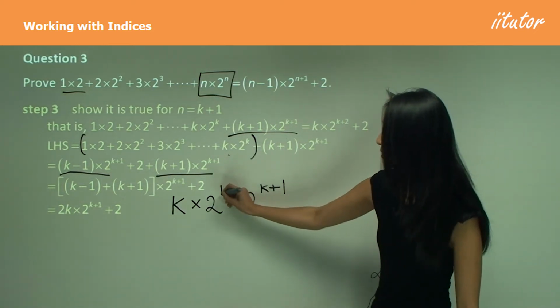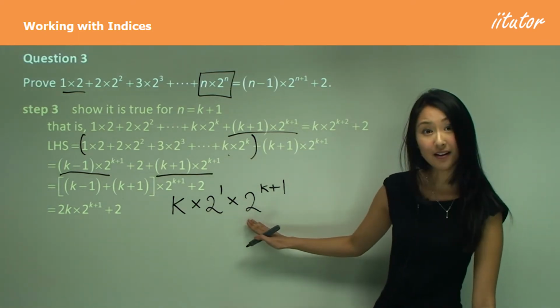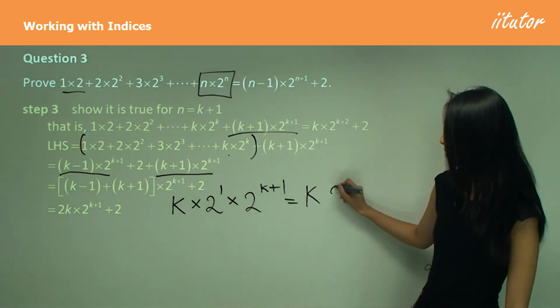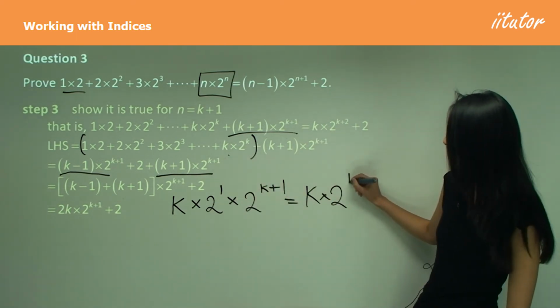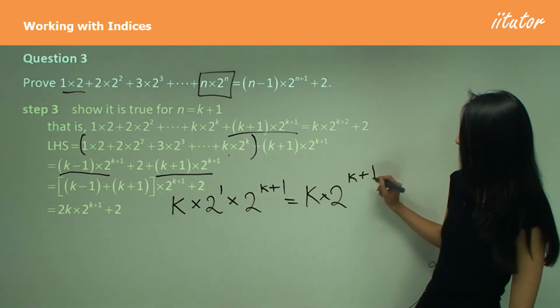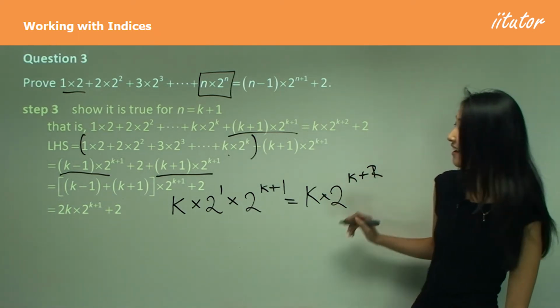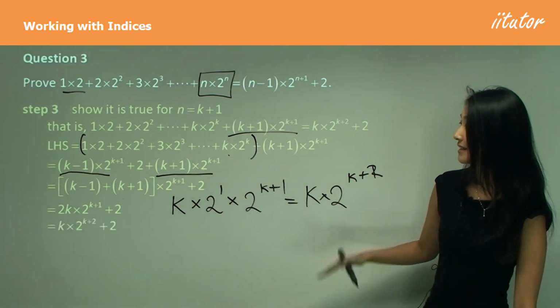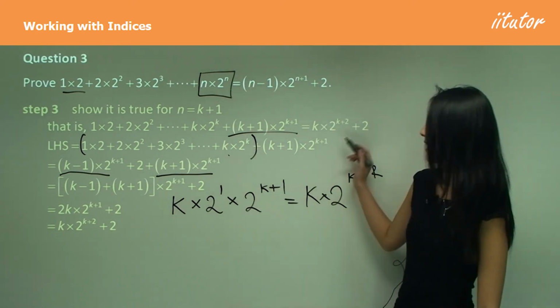So this is 2 to the power of 1. So if I put this together, this is going to give me k times 2 to the power of k plus 1 plus 1. And that's how I get 2 to the power of k plus 2. Okay, can you see that? How I'm using this 2 and adding the indices together to give me the 2 to the power of k plus 2 that I need.